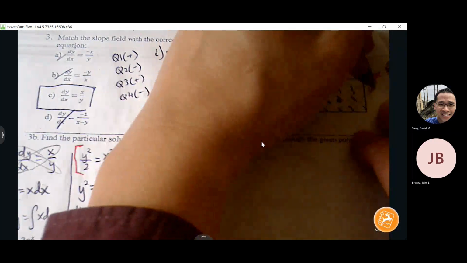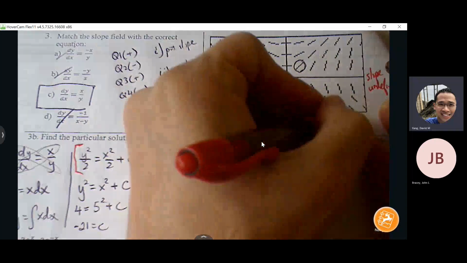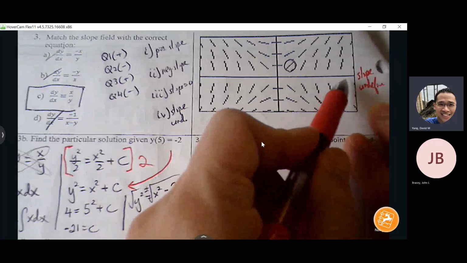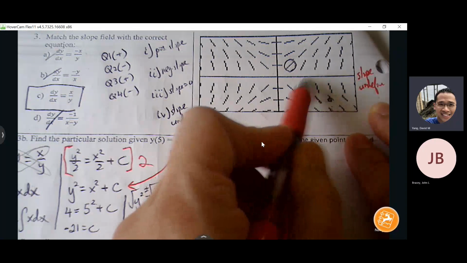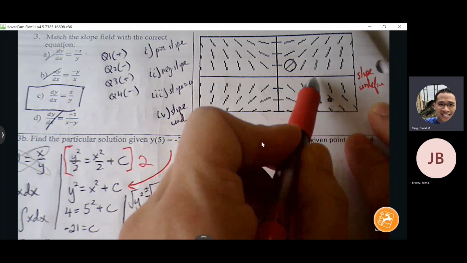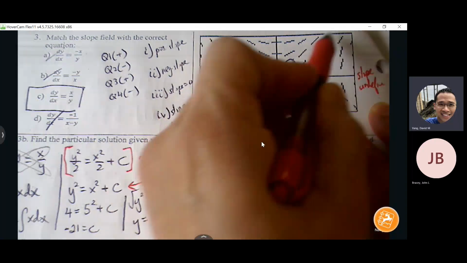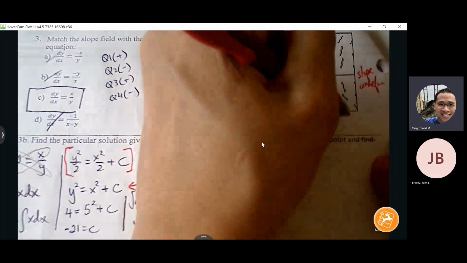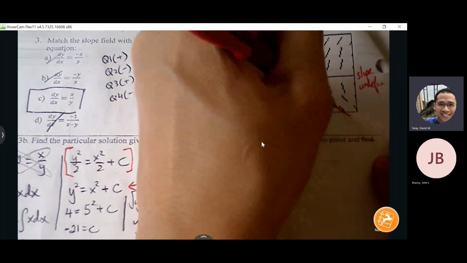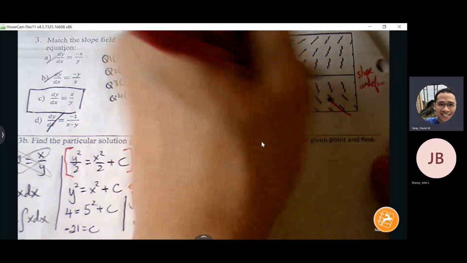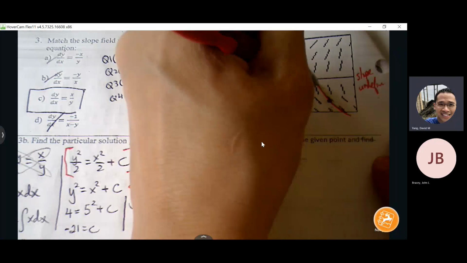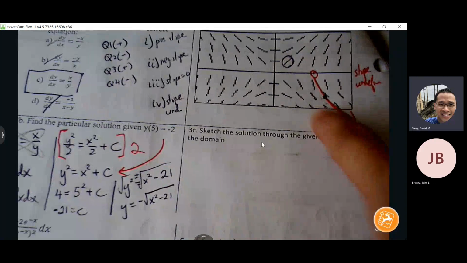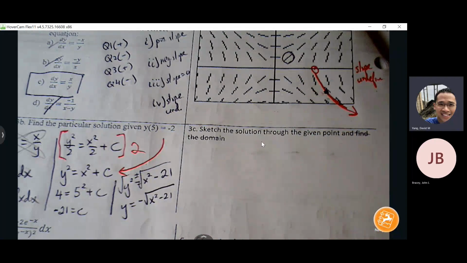undefined. Okay. So as we sketch the graph and we're going towards a place where slope is undefined, that's basically a wall. The graph is not going to go past that point. It's not going to skip over that wall and continue the path. So as soon as it hits a wall or a place that's undefined, you're going to make the graph stop. You're just following wherever the graph leads you.